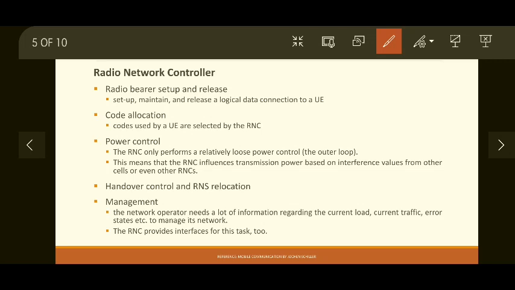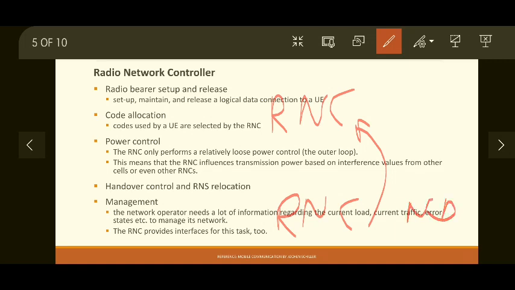Okay, then the next task is handover control and RNS relocation. It's almost self-explanatory. When a user moves from one RNC to another RNC, or one node B to another node B, then handover is carried out by the RNC.